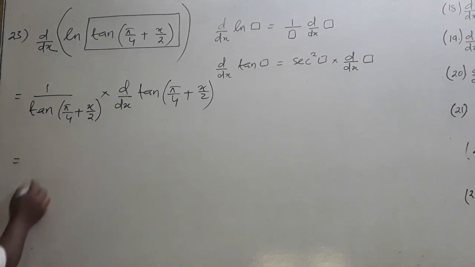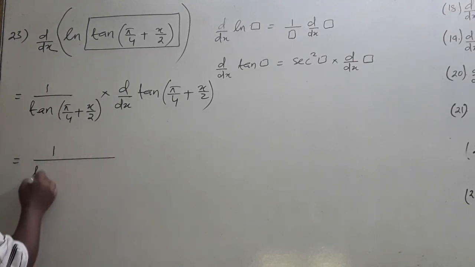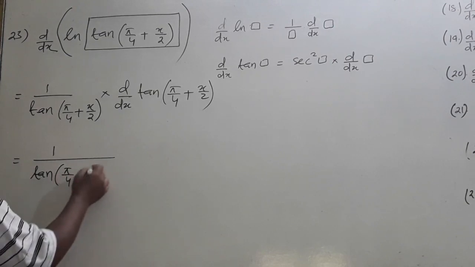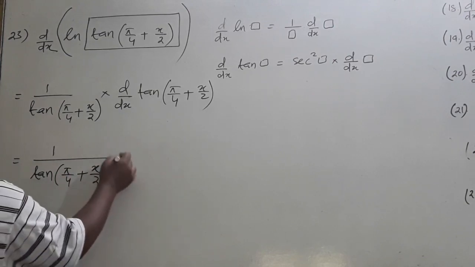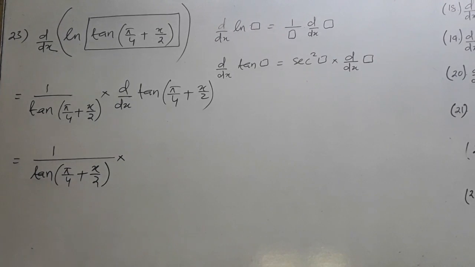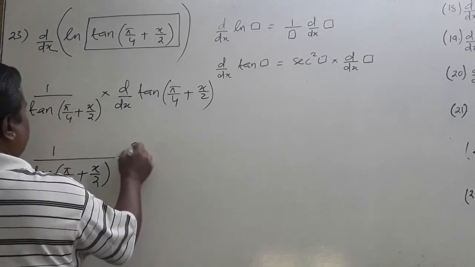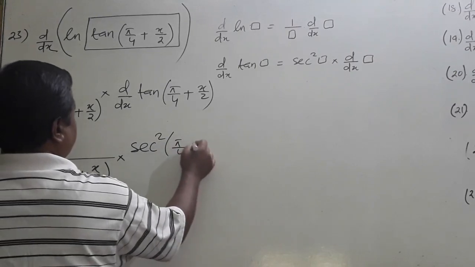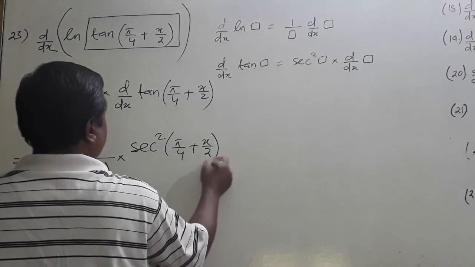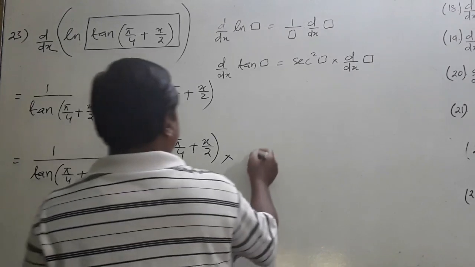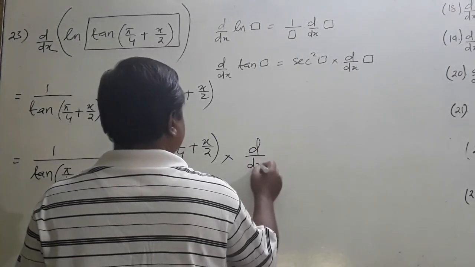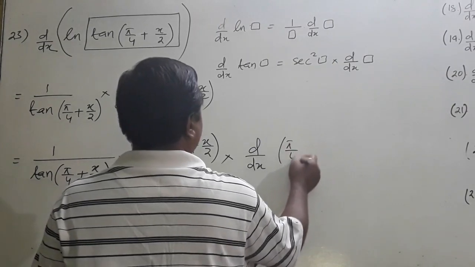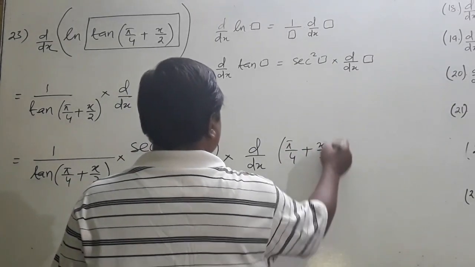Now it is 1 by tan of pi by 4 plus x by 2 into, what is d by dx of tan box? It is clearly sec square box. Box means pi by 4 plus x by 2 into d by dx of pi by 4 plus x by 2.